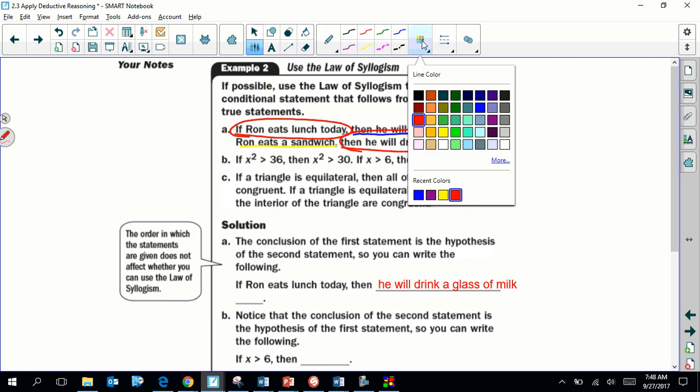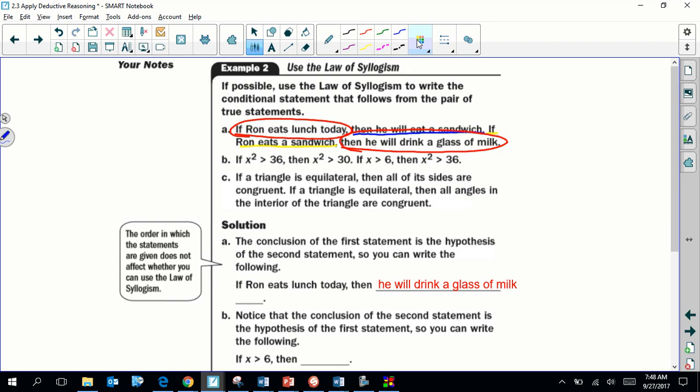Now, moving on to example B. We have a conditional statement that says if x squared is greater than 36, then x squared is greater than 30. And we also have another conditional statement that says if x is greater than 6, then x squared is greater than 36.